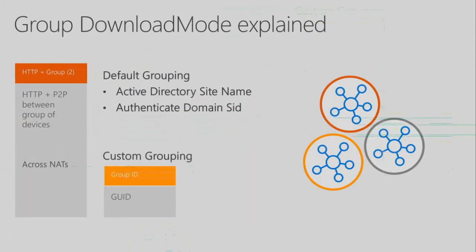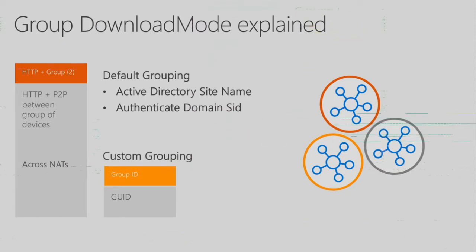So group mode. If you enable group mode, we're going to try and find peers in a greater area. The default grouping that we have is to see if you have defined an Active Directory site in that environment. If the client can detect that it belongs to some Active Directory site, it's going to use that by default.